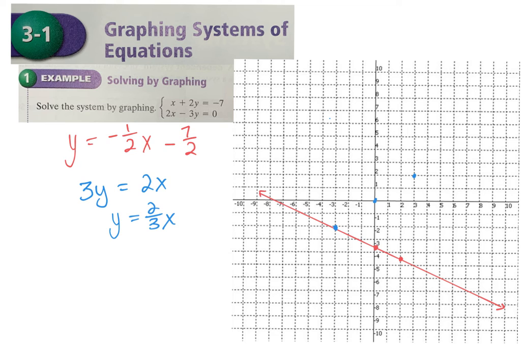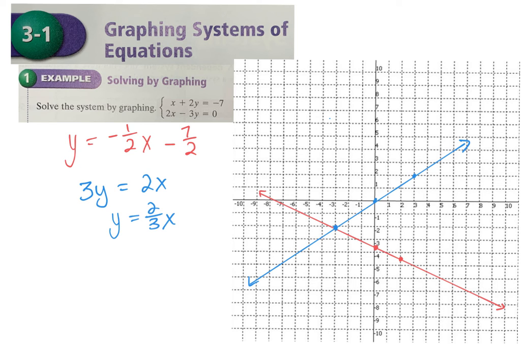And that's going to tell me about where they're going to cross. So if you don't see where they cross, just keep walking it until you can see where they cross, and that will help you be more exact. We're going to say that this crosses at this point right here, which is negative 3, negative 2.